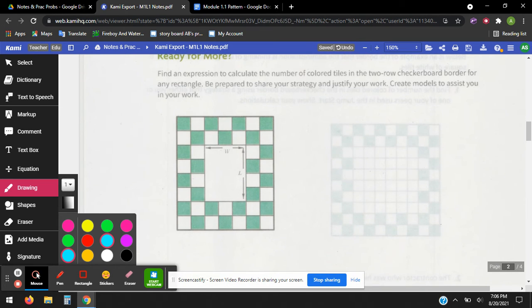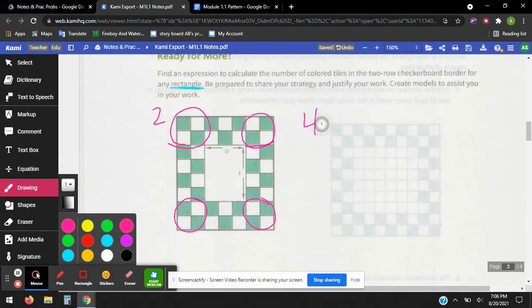Now let's try it when our lengths and widths are different. So find an expression to calculate the number of colored tiles in the 2-row checker border of any rectangle. Now we're looking at a rectangle. So what I would do here, I'm really comfortable with the chunking with the corners myself. That seems to be pretty handy for me. So now I've still got my 2 in each corner, right?